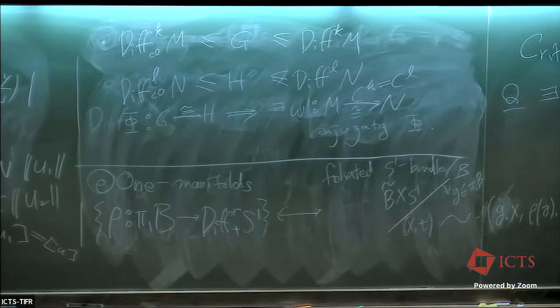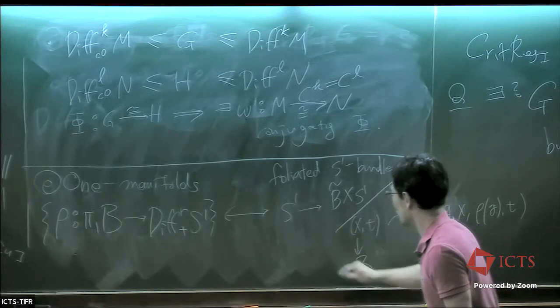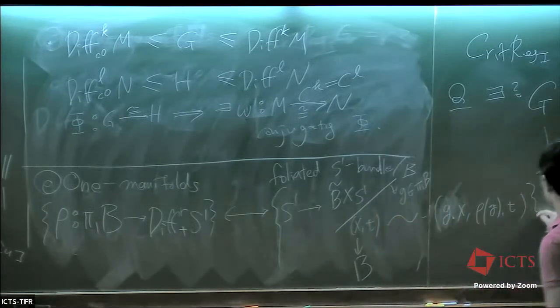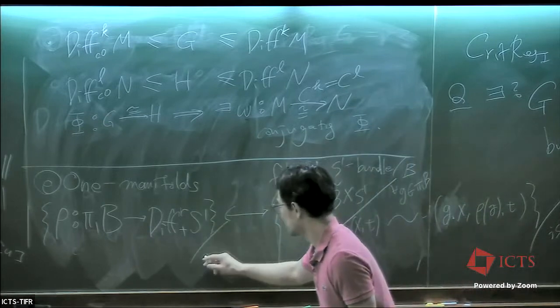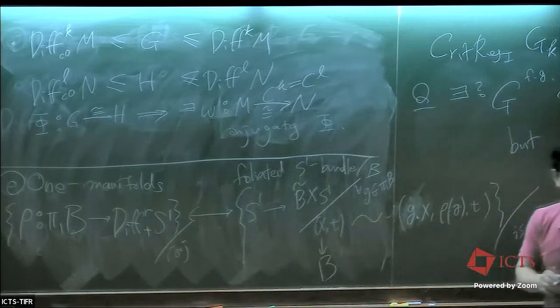This is a typical construction, and this has an S^1 bundle structure over B. And up to bundle isomorphism, there is a one-to-one correspondence with conjugacy classes.